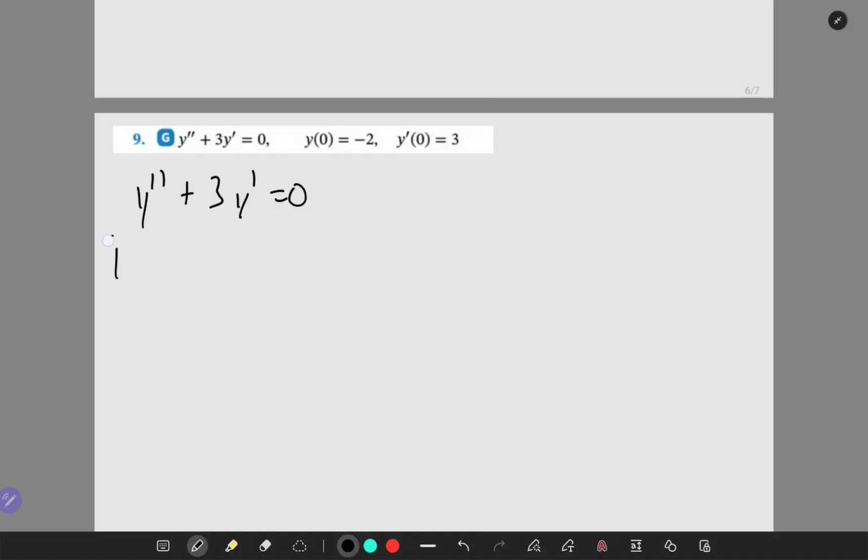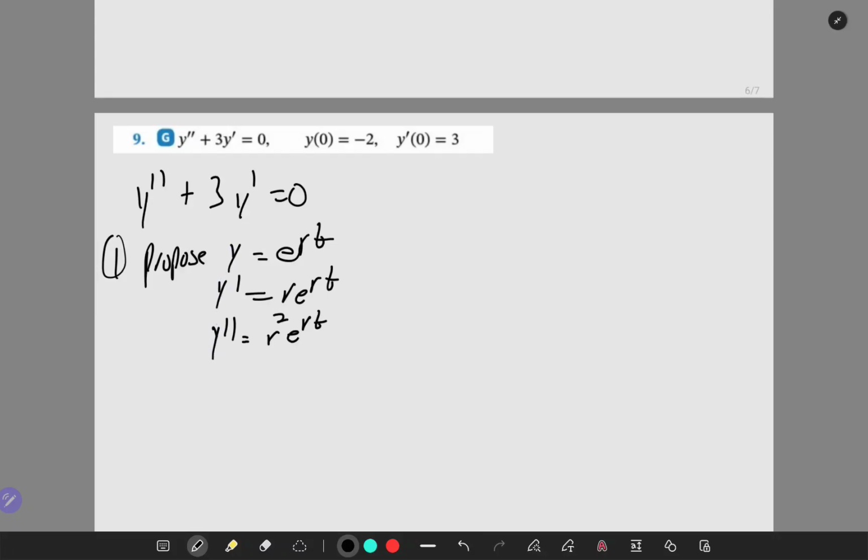So step 1, propose x is equal to e to the rt. X prime is equal to re to the rt. X double prime equals r squared e to the rt. I did it again.